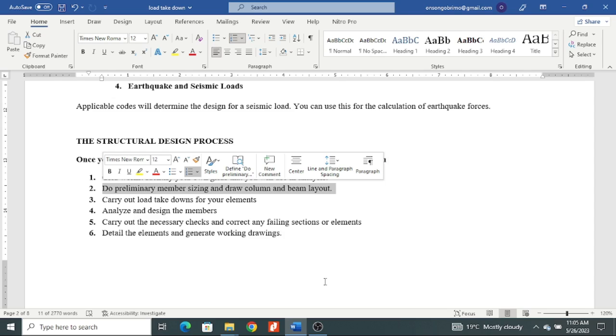So here you're supposed to have some background information on which depth works for certain spans, and which construction methodology goes hand in hand with whatever you're going to do here, and is it what is going to be used on site.